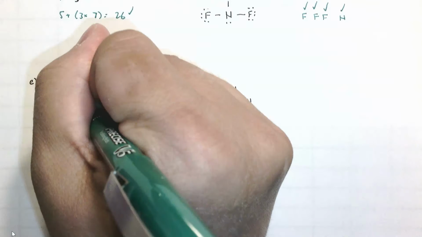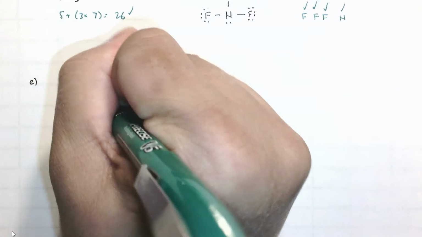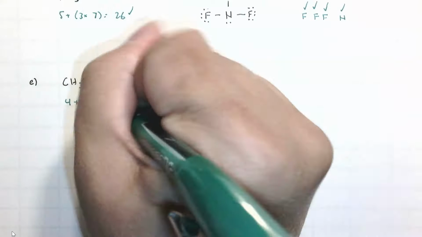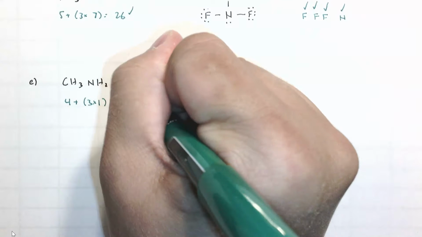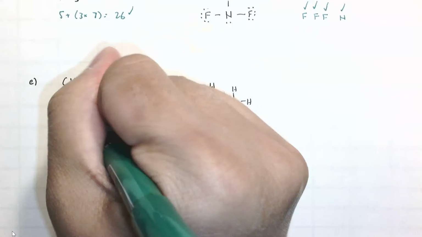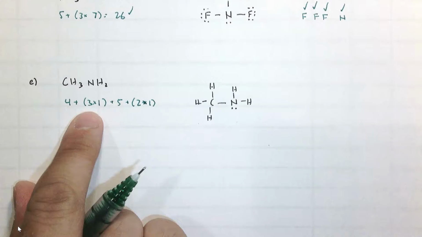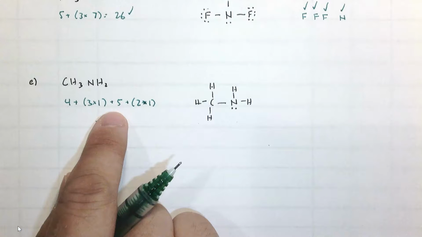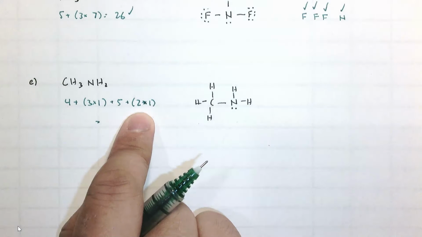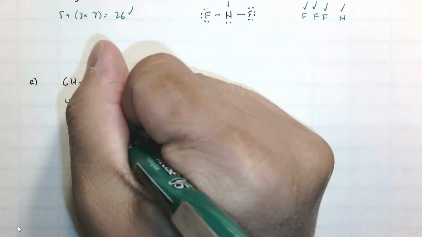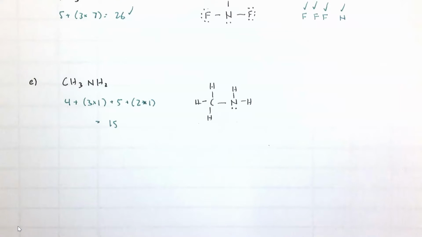4 plus 3 times 1 for the 3 hydrogens, plus 5 for the nitrogen, plus 2 times 1. What is that? 3, 7, 12, 15? Is that right?